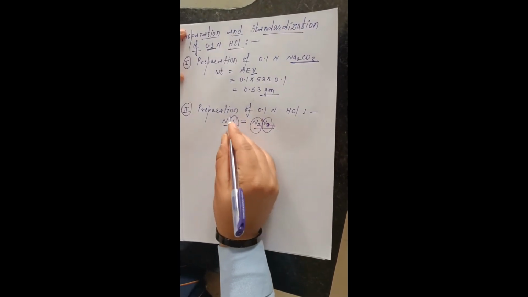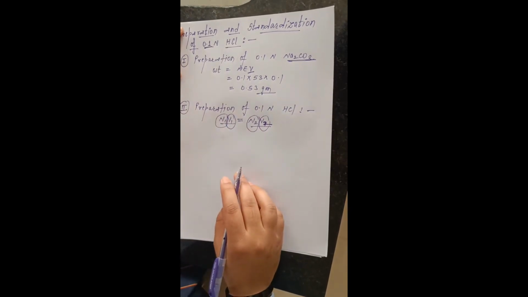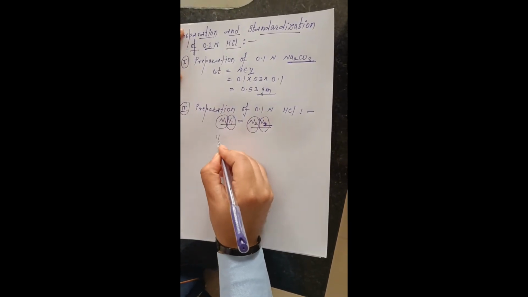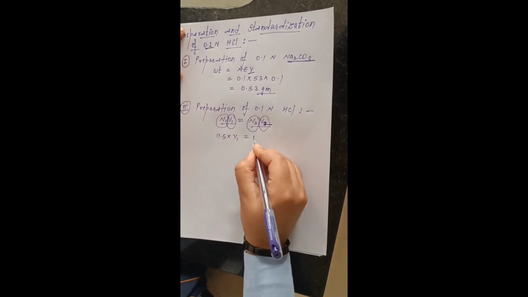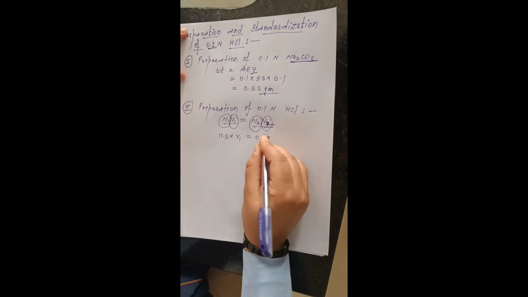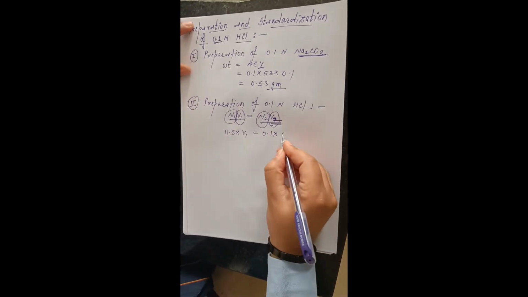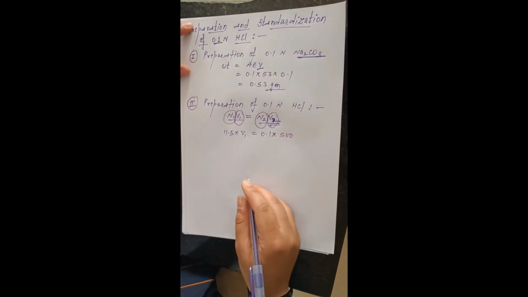The normality of laboratory supplied HCl is 11.5, and V1 we have to calculate. N2 is 0.1, and V2 we are preparing is 500 ml in water.